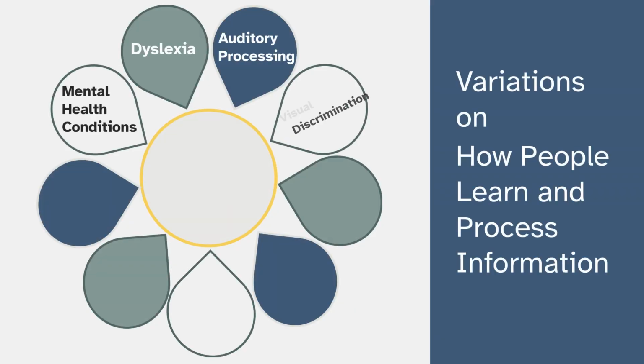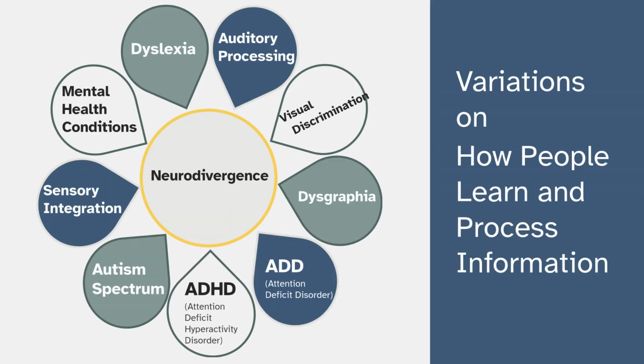Variations on how people learn and process information include dyslexia, auditory processing, visual discrimination, dysgraphia, ADD, attention deficit disorder, ADHD, attention deficit hyperactivity disorder, autism spectrum, sensory integration, and mental health conditions.